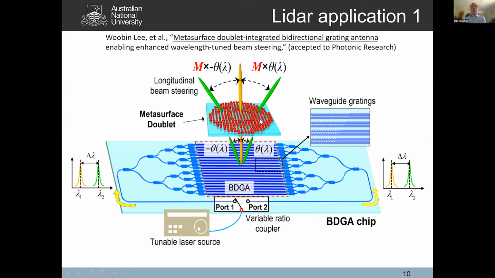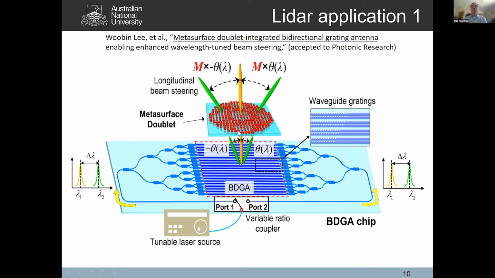Then we integrated this doublet on top of a silicon nitride waveguide with grating couplers. Light propagates along the waveguide, then emits upward at the grating. By scanning the wavelength, we can steer the beam from here to here.